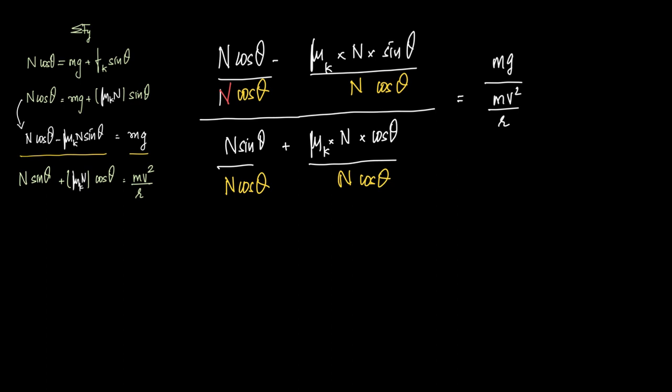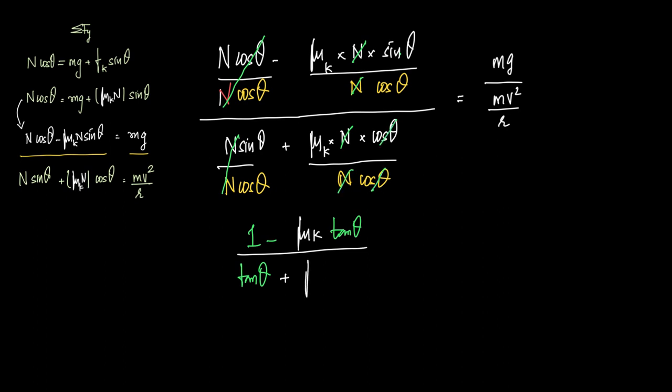Now let us try to understand what happens. So n cos theta by n cos theta is 1, so this becomes 1 minus n by n is 1, sine theta by cos theta is tan theta. Everything remains the same, 1 minus mu k into tan theta, the whole upon n by n is 1, sine theta by cos theta is tan theta, plus n by n is 1, cos theta by cos theta is 1.